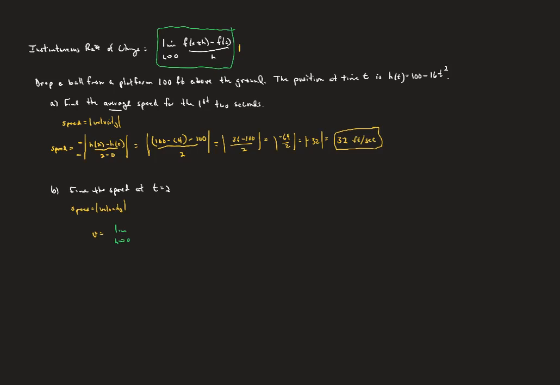And since we want it at 2, we have x here, but our variable is going to be t. So let's call that f of 2 plus h minus f of 2 all over h. And then after we get this, this will be our velocity, so we'll take its absolute value.